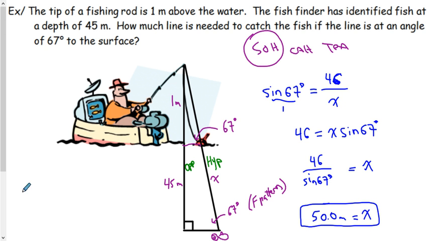Let's put our little therefore statement over here so I don't have to take the question off the screen. I'm going to say, therefore, we will need 50.0 meters of line to catch this fish.